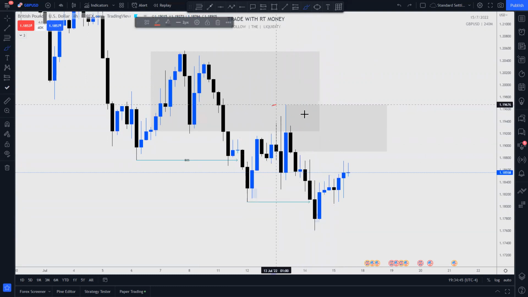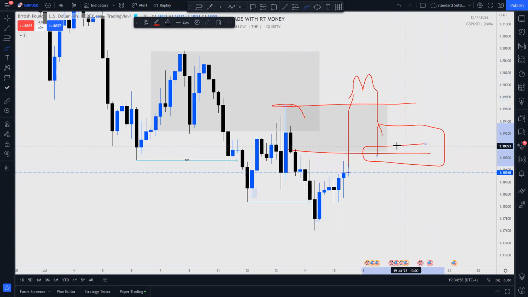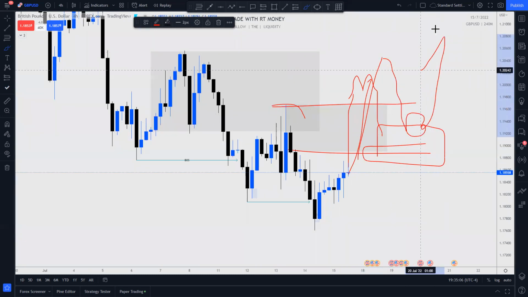If price takes out this high, that means this supply has failed. And I would be looking really from an intraday trading perspective for the demand that formed here before that took out this zone of supply. I'll wait for price to come back. That's when I would take a long. Same thing here.